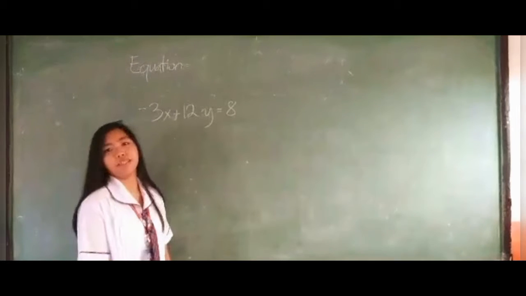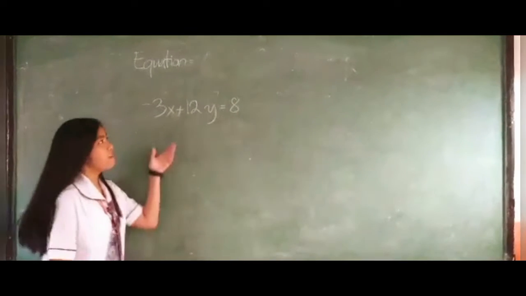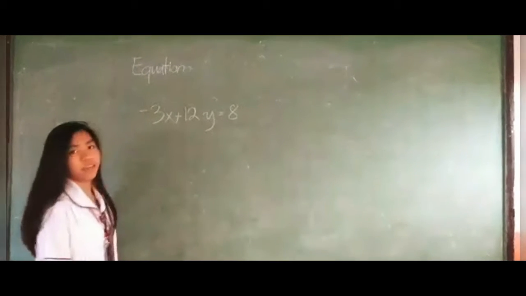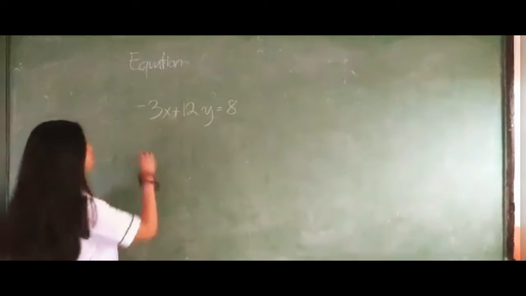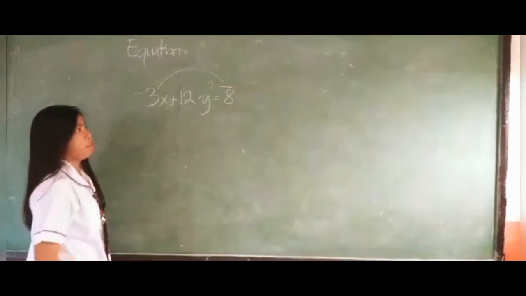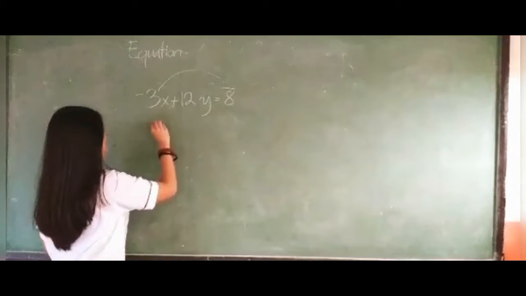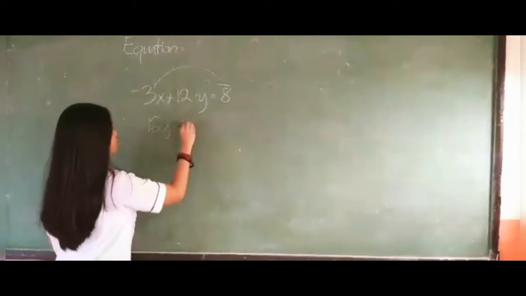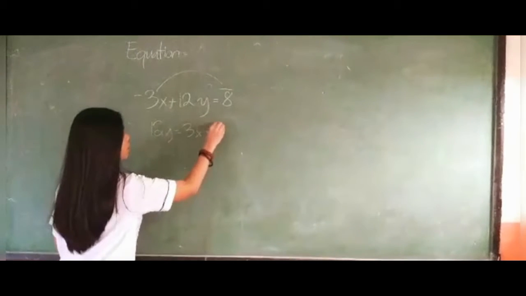On how to determine slope using an equation. Here we have an example of an equation in standard form. First step is to make it in slope-intercept form. We need to transpose the 3x to the right side of the equal sign. So it will be 12y equals positive 3x plus 8.